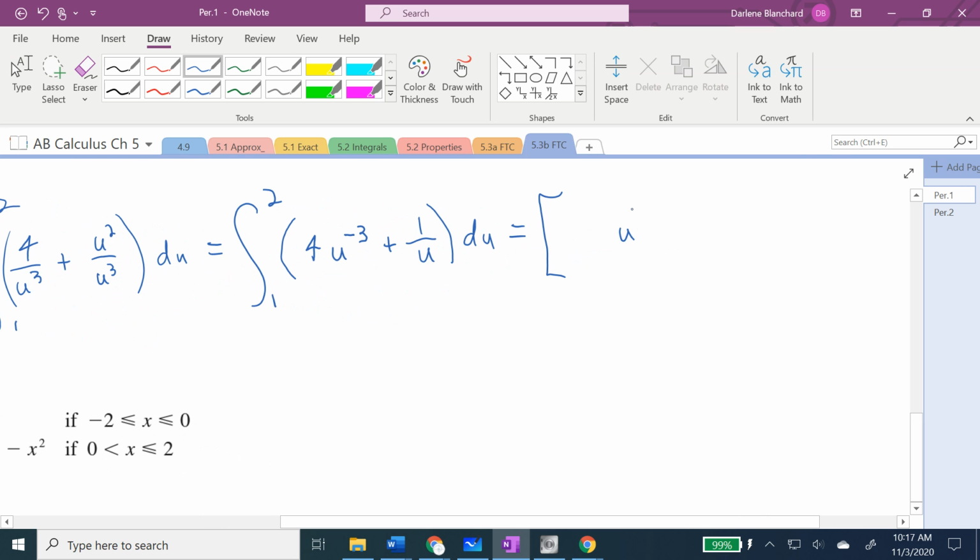Add 1 to the negative 3 and divide. And then natural log of u. I don't have to have the absolute values because I'm dealing with 1 to 2. I don't have to put a plus c because it will subtract itself out. And then I'm going to simplify a touch.